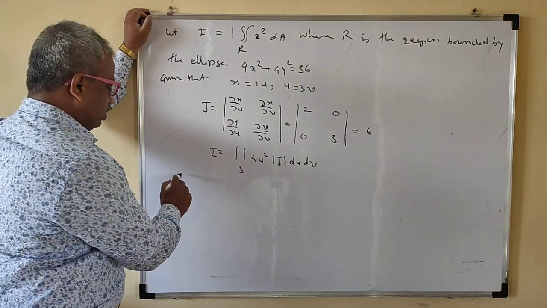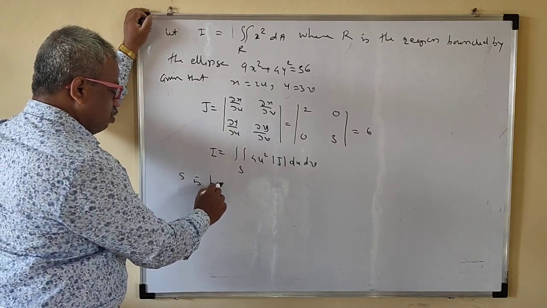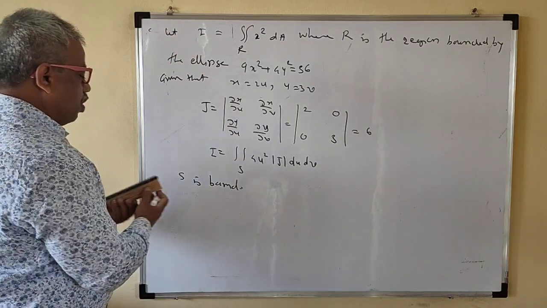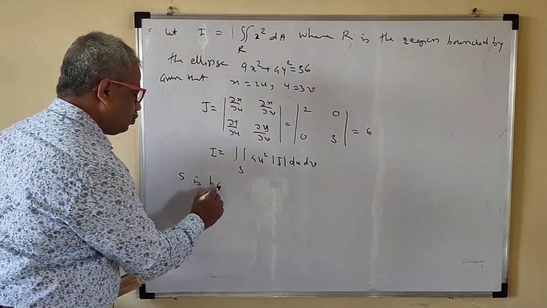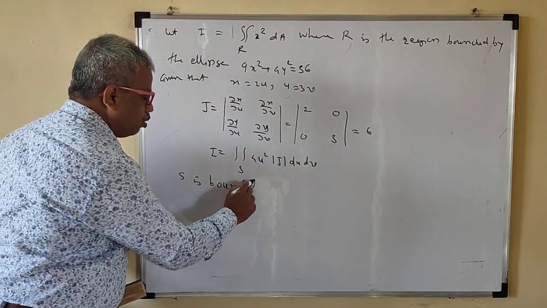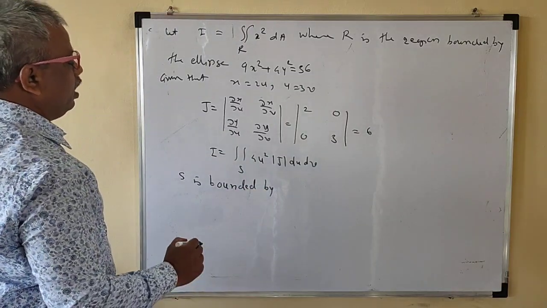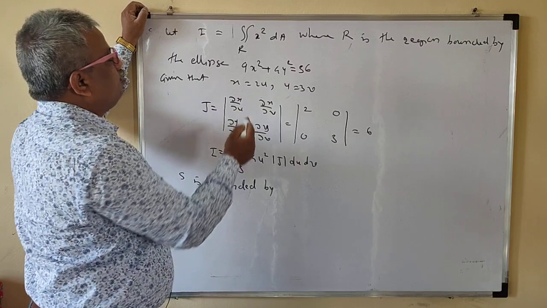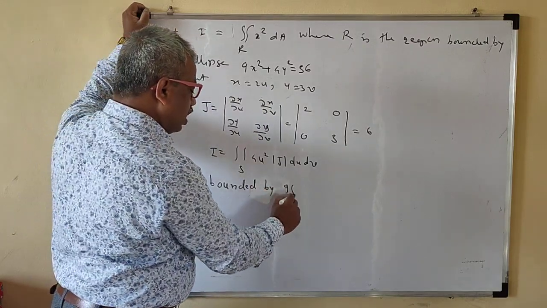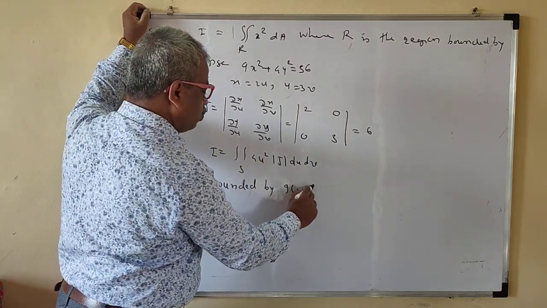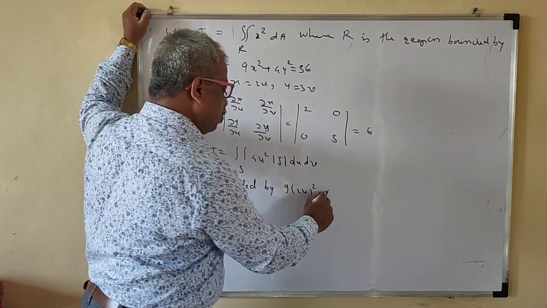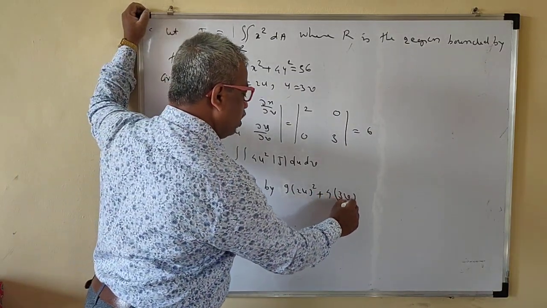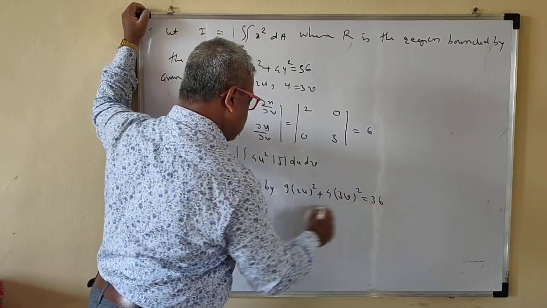Okay, so S is bounded by. So now we put x is equal to twice u and y is equal to 3v here. So this is what, 9 into (twice u) square plus 4 into (3v) square is equal to 36.